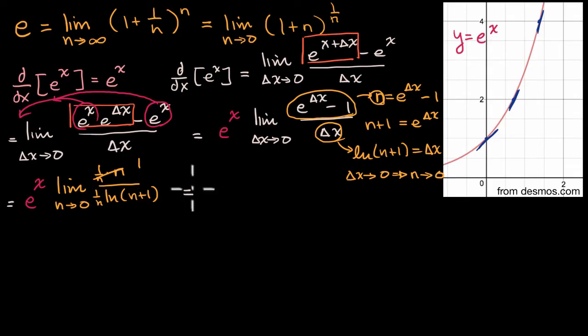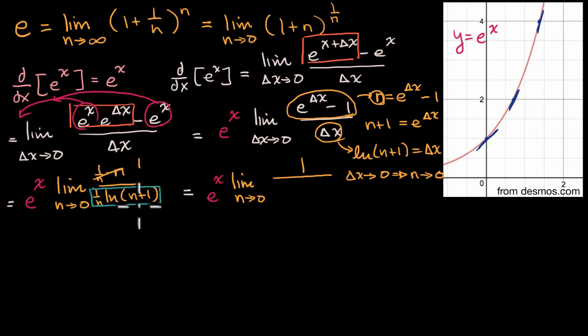All of this is going to be equal to e to the x out front, and then we have the limit as n approaches 0. Our numerator is now 1 over, now I'm going to rewrite this just using our logarithm properties.